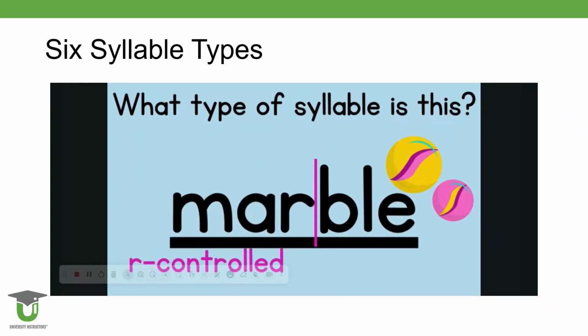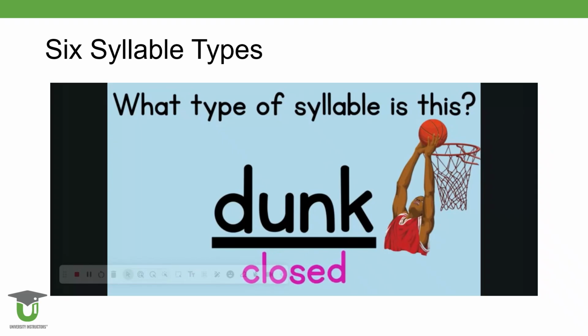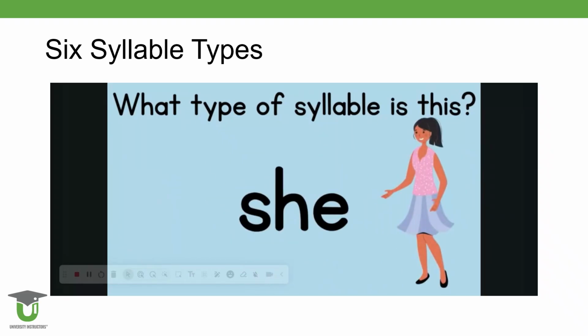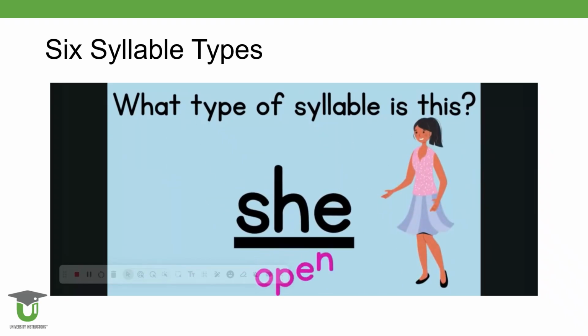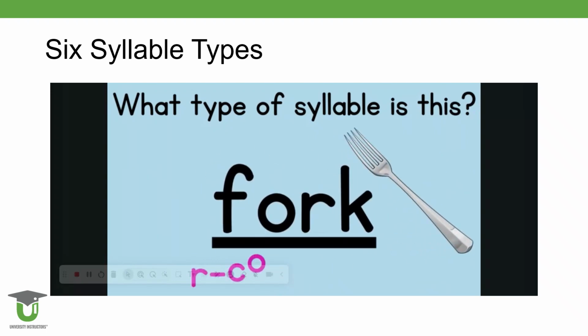R-controlled and consonant LE. The mar is the R-controlled and the BLE is the consonant LE syllable. Marble. Dunk. Closed. She. Open. Fork. R controlled.